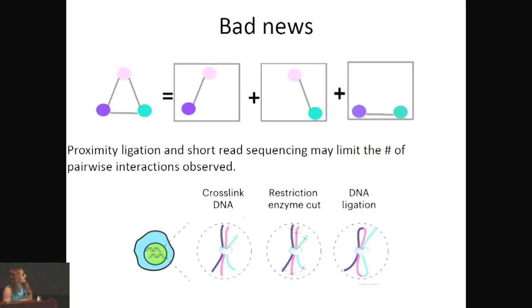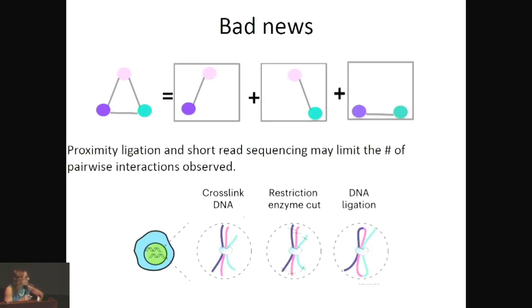However, the bad news is that scHiC works with proximity ligation, and all the scHiC data sets thus far are based on short read sequencing. So if you have a cell and these 3 are interacting, if this is the fragment you are capturing, ligation happens at random, so you might end up having these 2, purple and pink, ligated, and then here pink and green ligated.